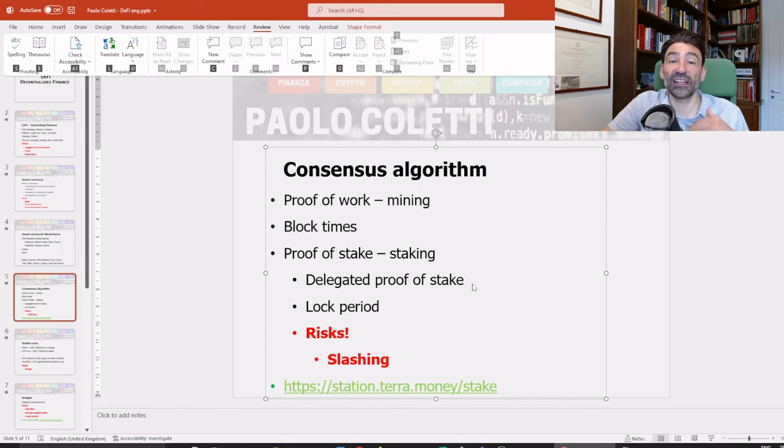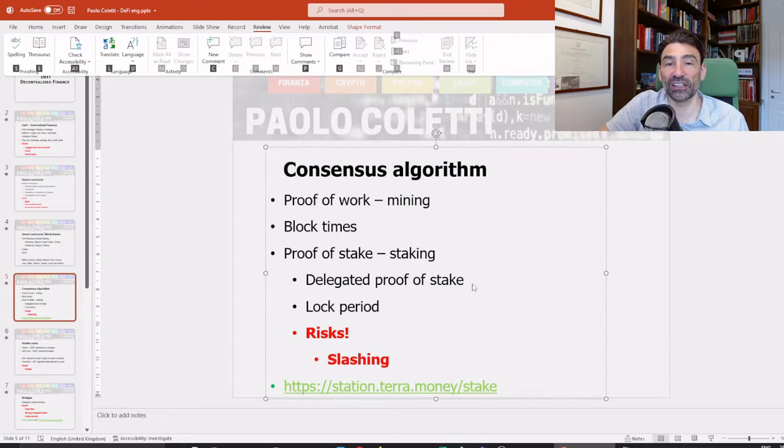So they can delegate a certain amount of money to the validator. The validator is not able to spend it as he wishes, but still has, let's say, the voting rights. So the money is still locked. You cannot spend it, but it doesn't belong to the validator. It's still yours, but locked.